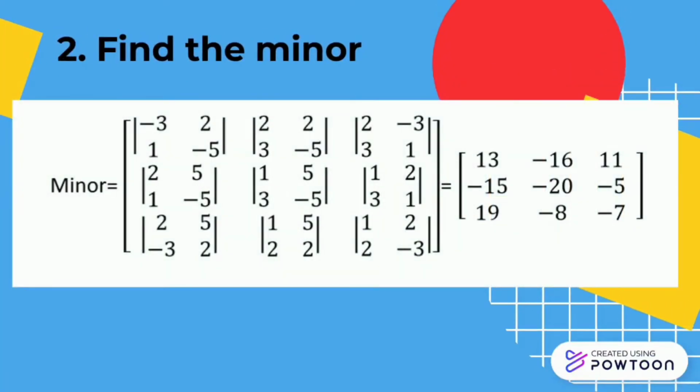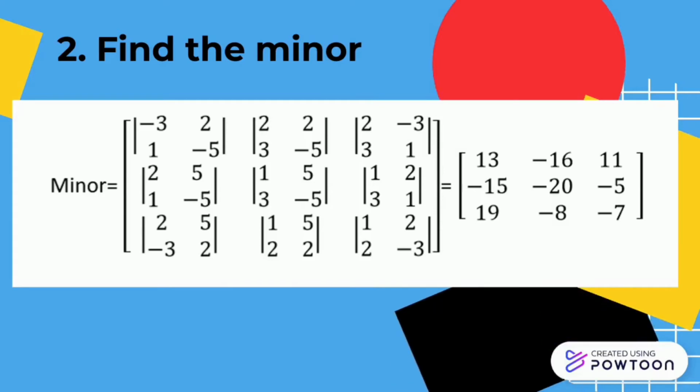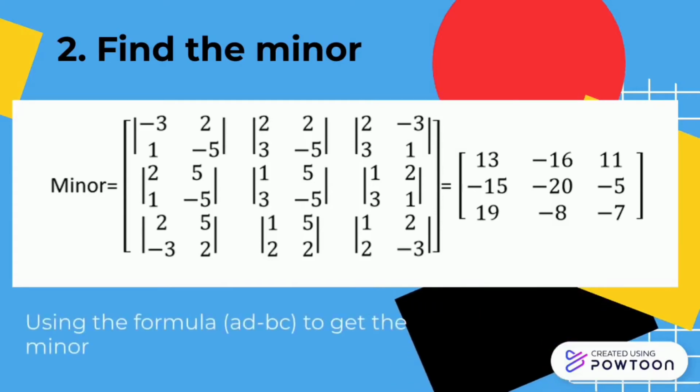Secondly, find the minor. We are using the formula AD minus BC to get the minor.